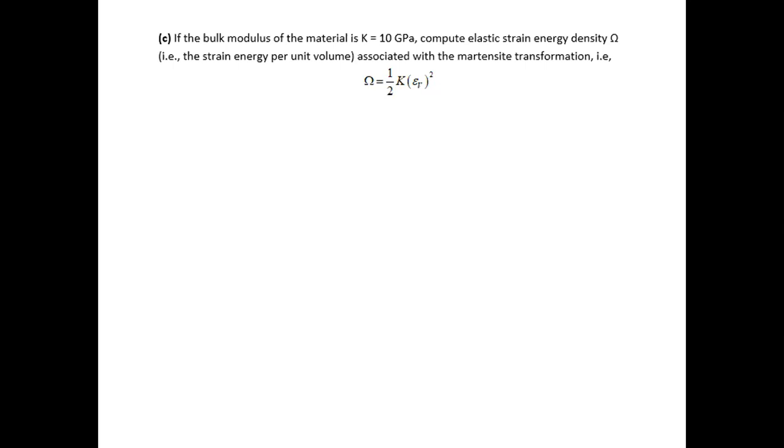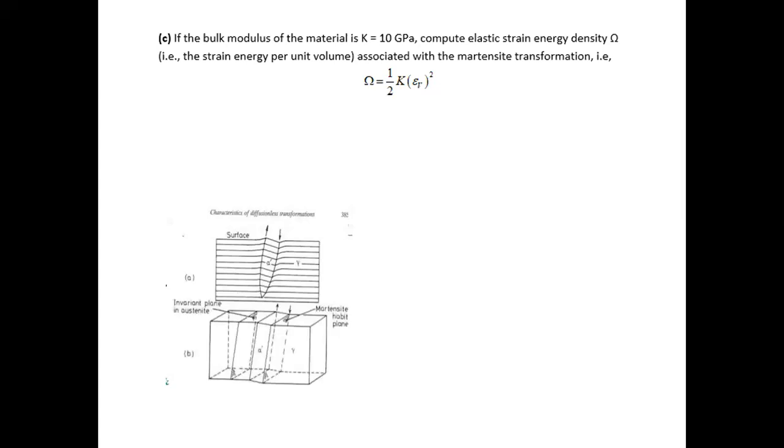Well, you get the volume strain, and then I give you the bulk modulus of the material, and roughly speaking, the strain energy per unit volume is like a spring, right? You stretch or compress the spring, and with the spring constant, you can get the energy stored in the spring. That's the same idea, but now you convert this to the strain energy. You look at the volume strain and bulk modulus for this, so you get a number, and this is going to be your barrier, right?